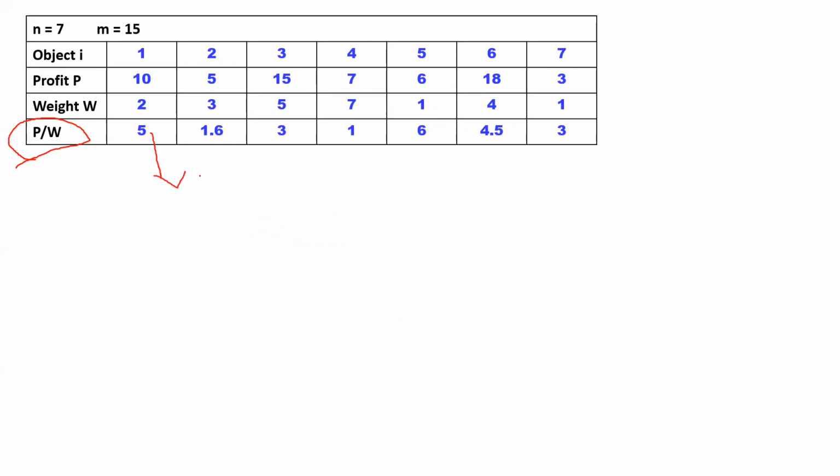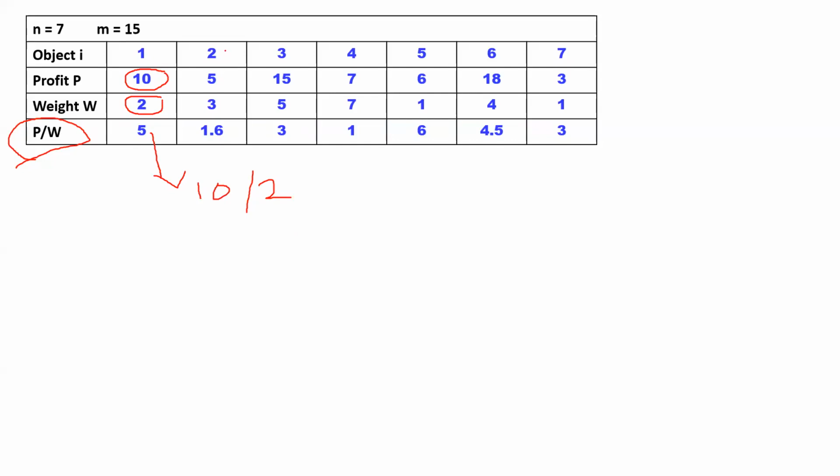For object 1, I have profit divided by weight. This profit of 10 is earned for an item with weight 2 kilos. Now I am trying to find out for 1 kilo how much profit I will earn. For 1 kilo, I'm going to earn a profit of 5 rupees.